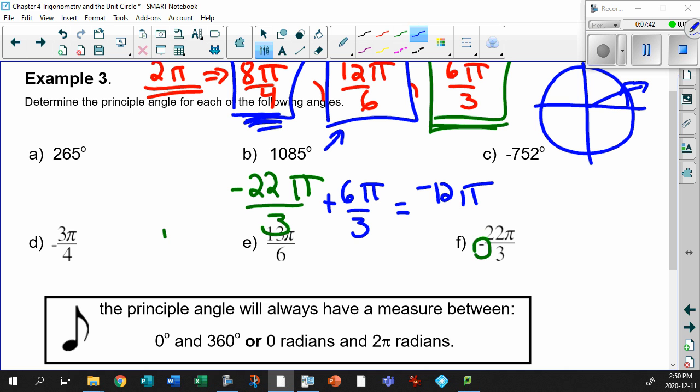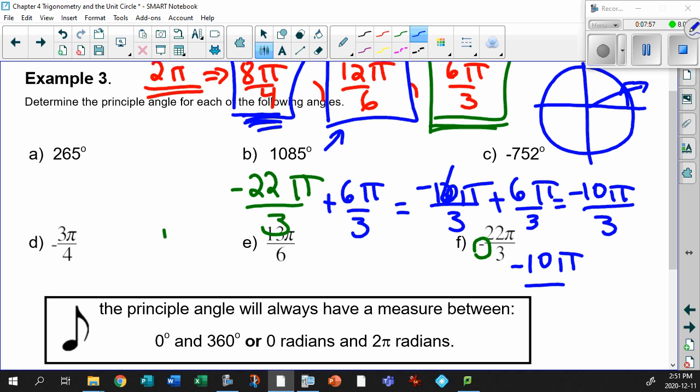This ends up being minus 16 pi over 3, plus 6 pi over 3 again. This is going to give you minus 10 pi over 3. We're getting close. Add 6 pi over 3 to this again. Look at this. All we're doing is adding multiples, 1, 2, 3 multiples.